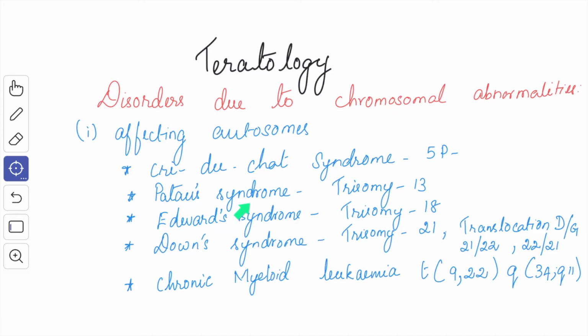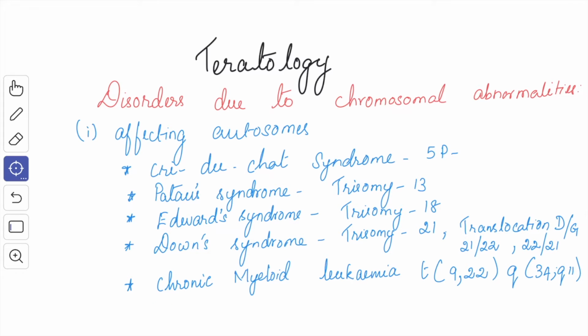Next is the Patau syndrome due to the trisomy 13. So you have an extra chromosome 13. Next is the Edwards syndrome, which is due to the trisomy 18. So you have an extra chromosome 18. Then you have Down syndrome due to the trisomy of 21 or translocation between D and G, 21 and 22.